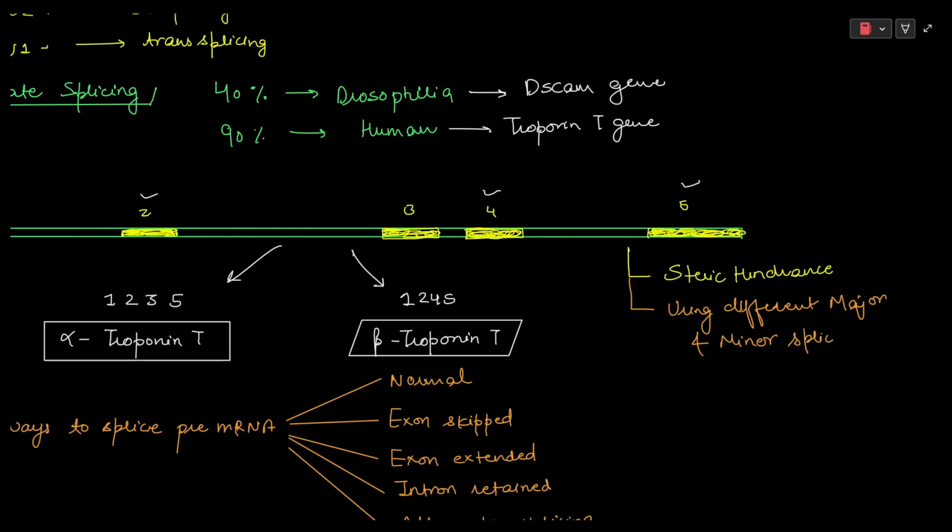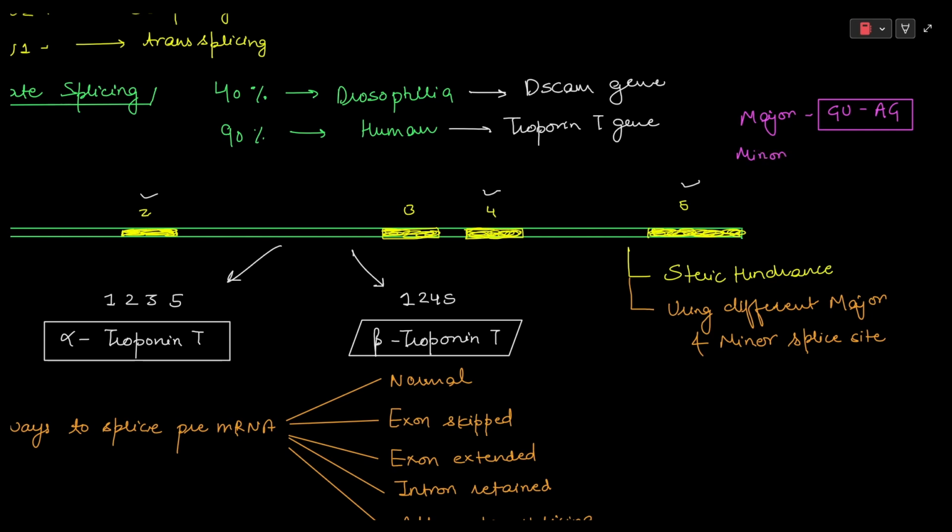So we can use a different spliceosome for different scenarios. I hope you remember, but let me mention it anyway. For the major, the 5' splice site has a conserved sequence GU, and the 3' splice site has a conserved sequence AG.